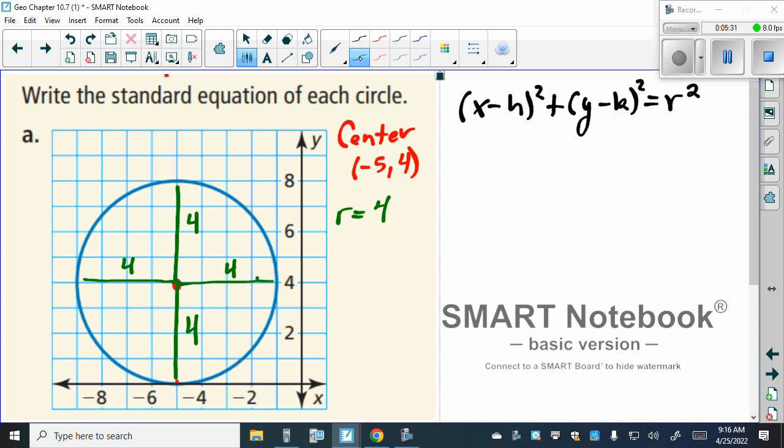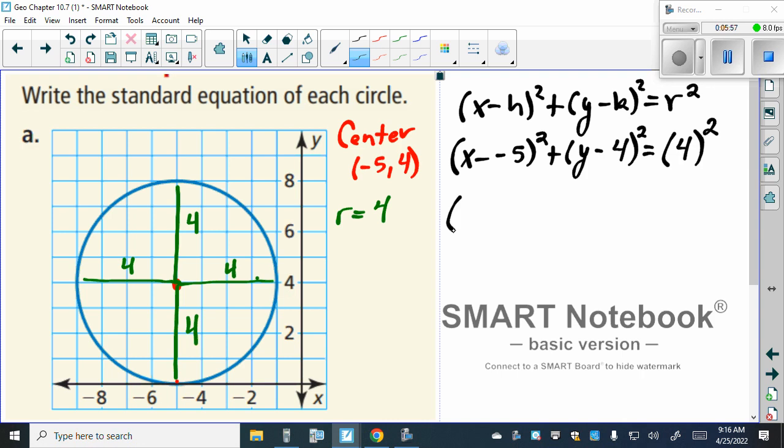Any questions on this here, how we found the center or found the radius? So if we plug this in, what's our h value? We'd have x minus negative 5 squared plus y minus 4 squared is equal to 4 squared.